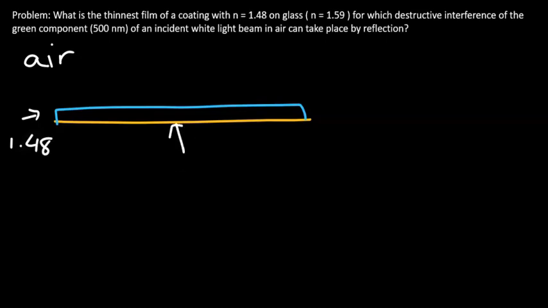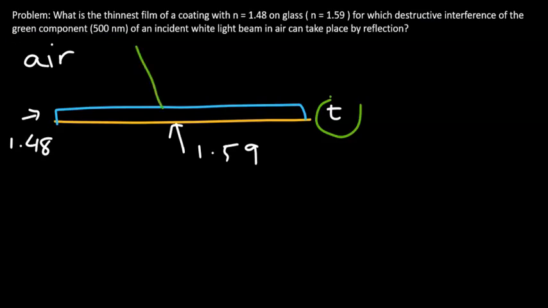This is glass with index of refraction of 1.59. The thickness is T. The question asks, what is the minimum value for this T must be so that destructive interference of the green component of that white light can take place by reflection.